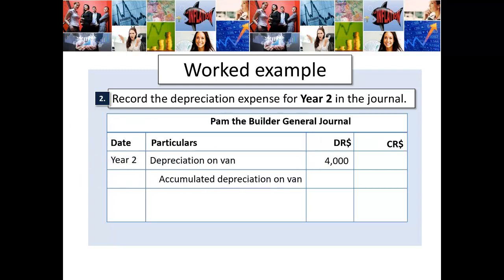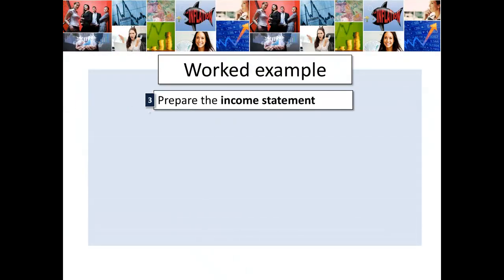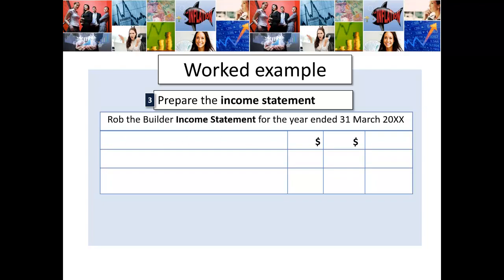Year 2, that depreciation stays the same, so the accumulated depreciation of van will stay the same. This time the only thing different with the narration is that it's year 2 van depreciation. Income statement, nothing different there.